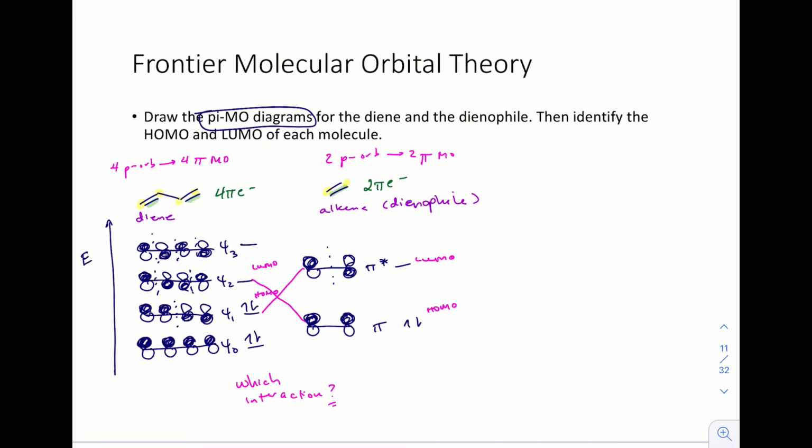And actually, for our FMO analysis on the next slide, it does not matter which of these interactions you choose, but I will point out for a normal electron demand Diels-Alder, it is the HOMO of the diene that is suspected to react with the LUMO of the dienophile. Just think about it, right? The diene typically has electron donating groups on it. It is electron rich. It can be thought of as the nucleophilic species, whereas the dienophile has electron withdrawing groups on it and is electron poor, can be thought of as the electrophilic species.